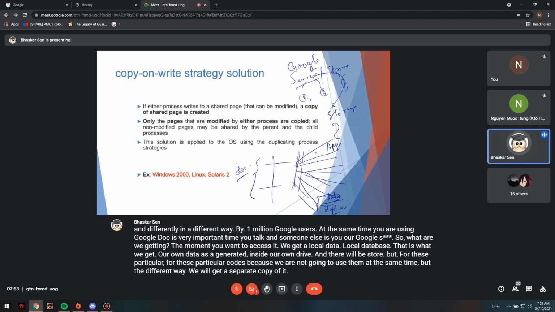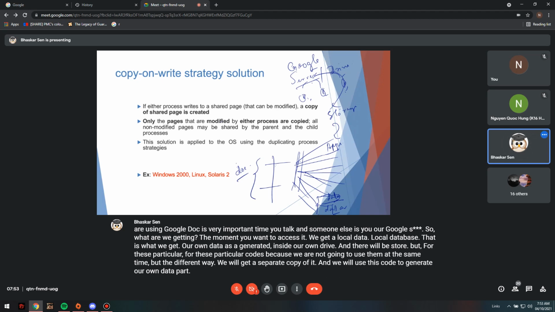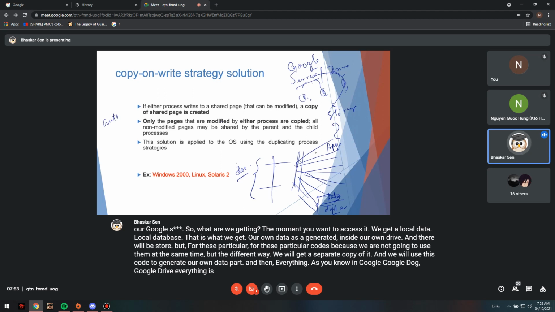And we will use those codes to generate our own data part. And then everything, as you know, in Google Doc, Google Drive, everything is auto-saved.